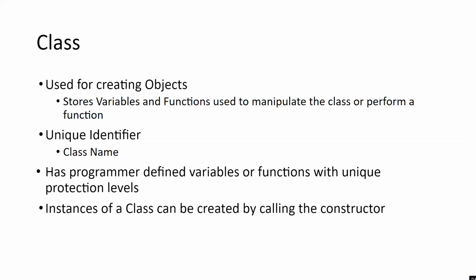They cannot be modified outside of the class, whereas public functions and stuff like that can be read and can be invoked outside of the class. And then you create instances of a class by calling the constructor, and each instance is unique, meaning that the values for each of the data members and each of the functions are unique to that class.